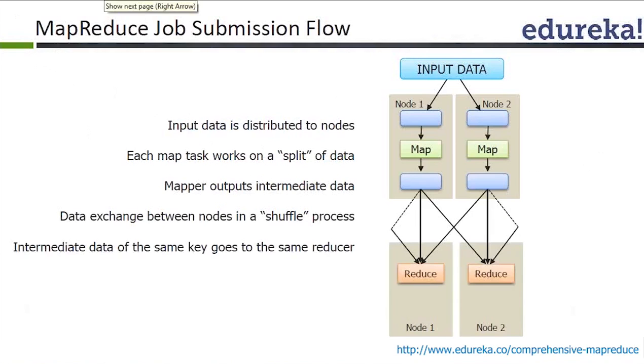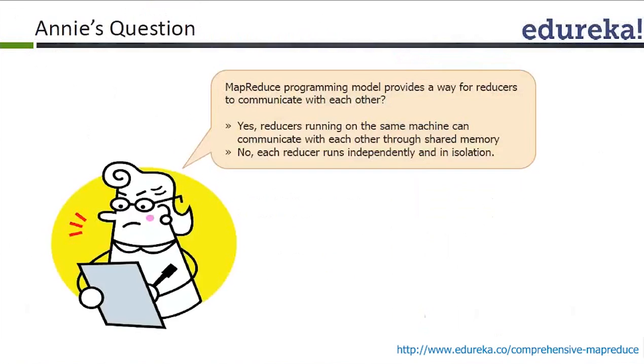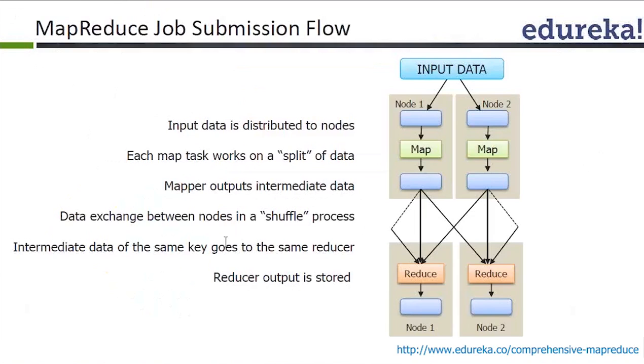The framework guarantees that all the values of the same key would go to the same reducer. The reducer output is stored back on the HDFS. So this is a complete end-to-end process. Yes, the reducer output is stored on the HDFS. That's correct, friends. Very good. So this is what the flow is.